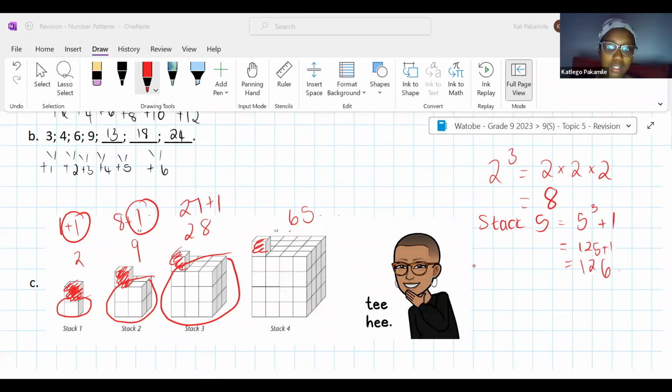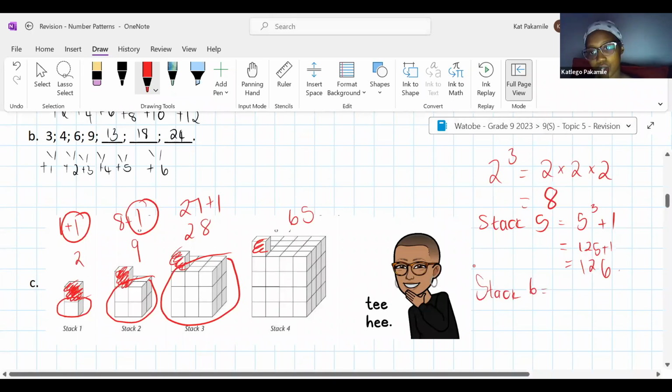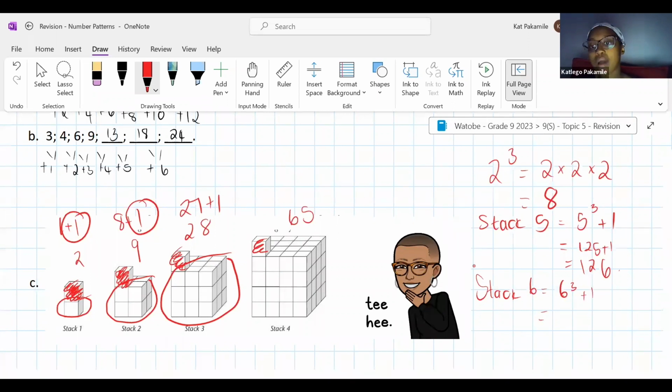Tammy says stack 6 is equal to 6 cubed plus 1, which is 216 plus 1. So that would be 217. And tell me the last one, which would be stack 7.